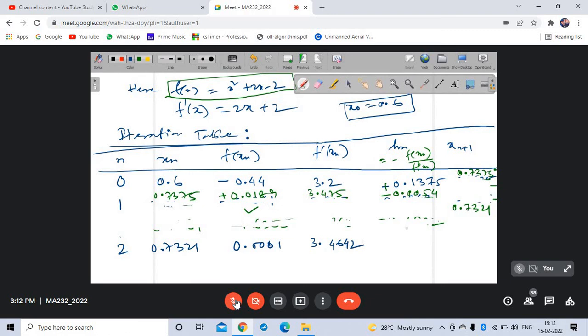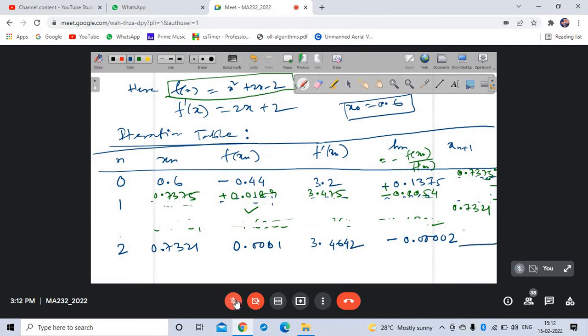Fine. Now hn. hn is 0.001 divided by 3.4642. What is the answer? It will be plus only or minus, since minus is the formula. So 0.0002. Fine.